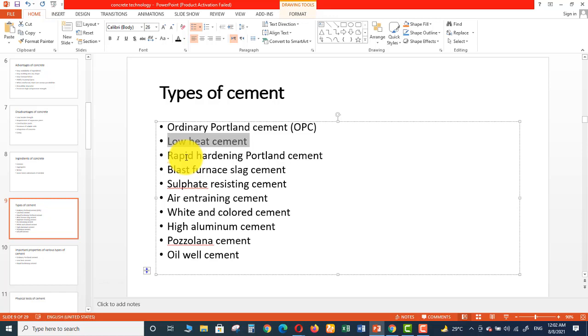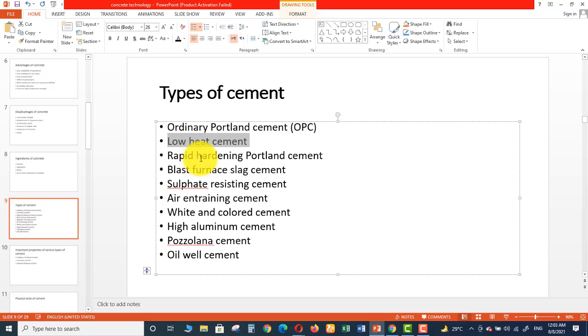And one advantage of rapid hardening cement over OPC is that it is lighter than OPC. Since the curing period for this cement is short, therefore it is economical, right? Because it gets hardened rapidly, right? It gets its strength very quickly. That means its curing period is so short, so it is economical too.